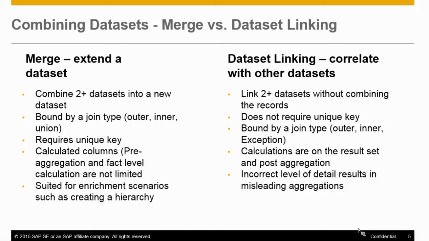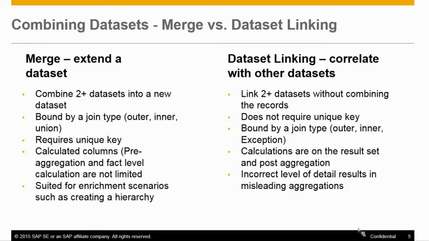Although you can still create calculations on top of that, the key is that the calculations you're creating are at the result set level and not at the fact level. They're not at the record level, but more post-aggregation, on the content after you have done a group by in the chart. Hopefully the examples that I'm going to show you will make that clearer.